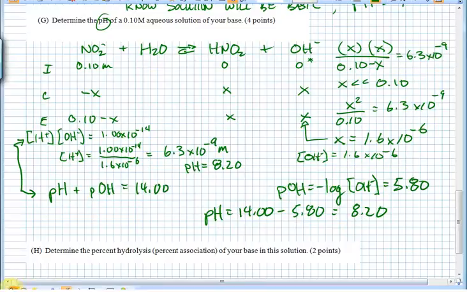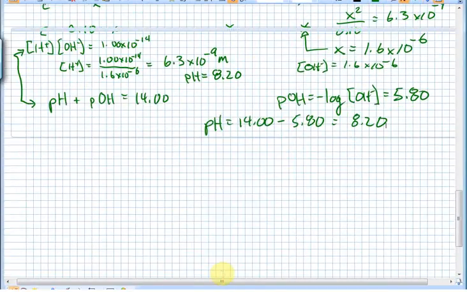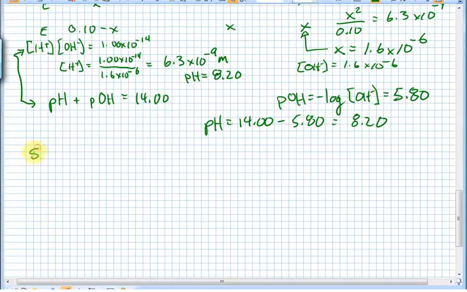just for reference purposes, as we did in the previous example. If we had had a strong base, let's suppose I had had a strong base. What would a strong base be? How about 0.10 molar sodium hydroxide?